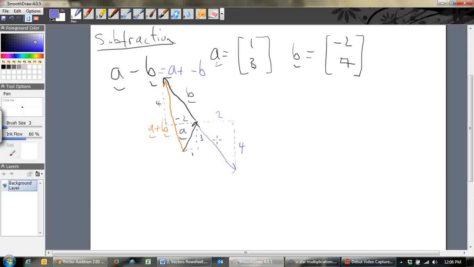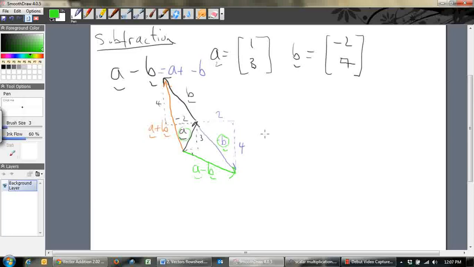So that vector there is actually negative B. What happens when we add them together? You'll get the resultant vector. I'll do it in green. You get this resultant vector here. So you have A plus negative B, and you'll end up with this green vector here. That is actually A minus B there.